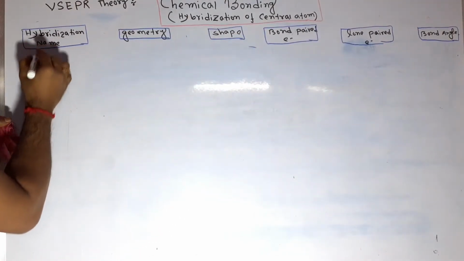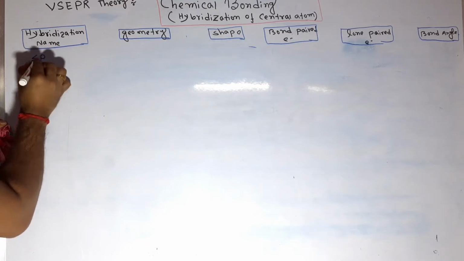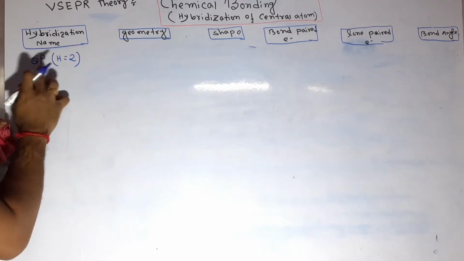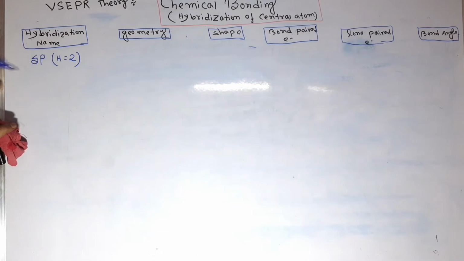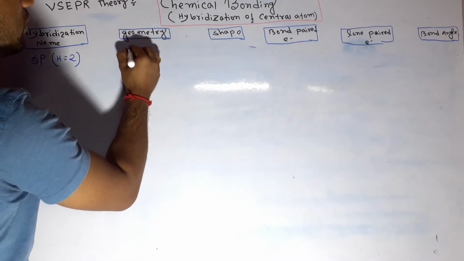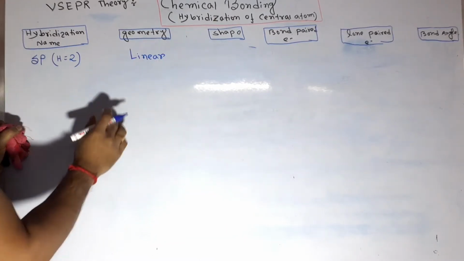If the hybridization name is sp, that means the hybridization number is 2. What is the geometry? Linear.